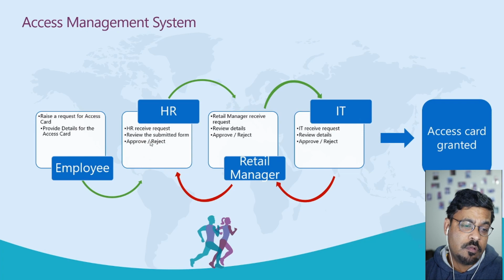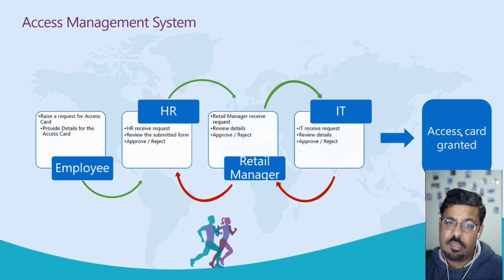HR receives the form, reviews it, and approves or rejects. Then the retail manager reviews the form and approves or rejects, and then IT reviews the request and approves or rejects. After that the access card will be granted, and in the end we will send an email to all those stakeholders.